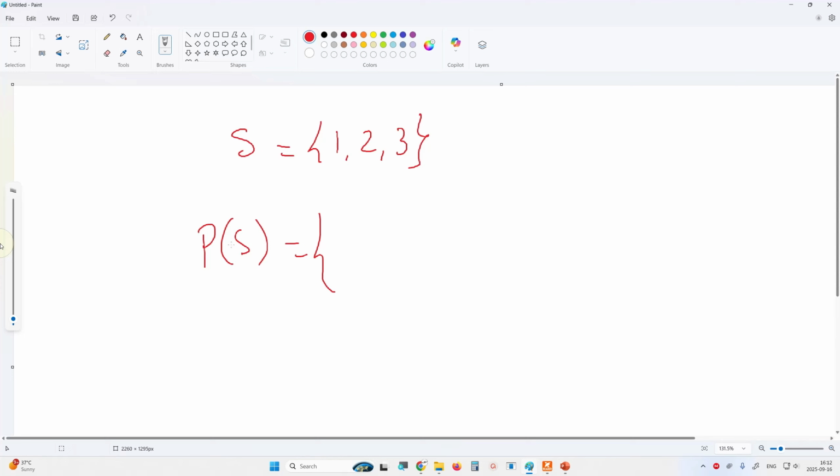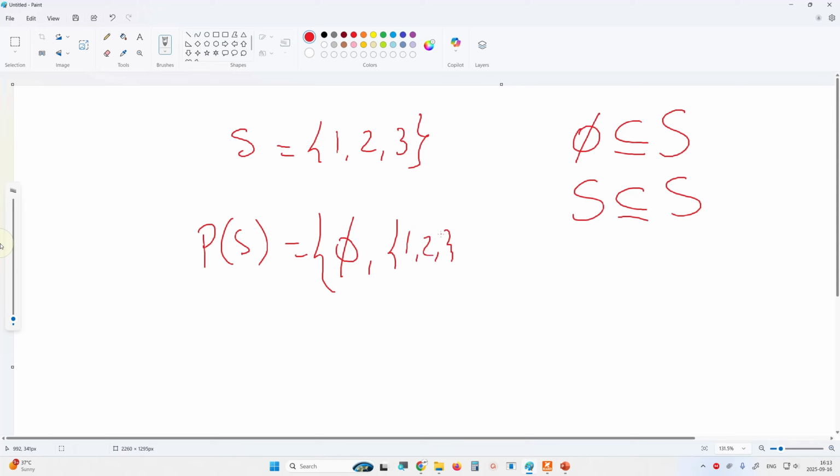First of all, remember, we said that the empty set is a subset of all sets. And also we said that S, the set itself, is a subset of S. So first of all, we can have the empty set, and we can have 1, 2, 3. This is a set that is also an element of that bigger set.